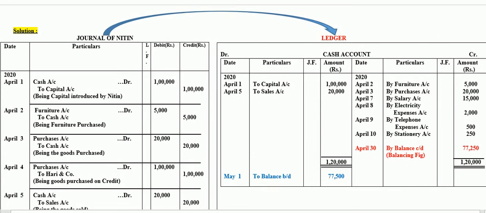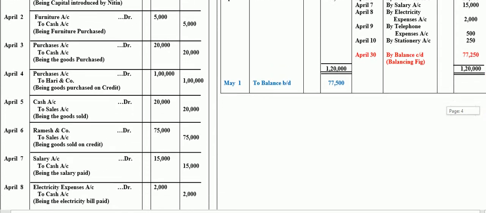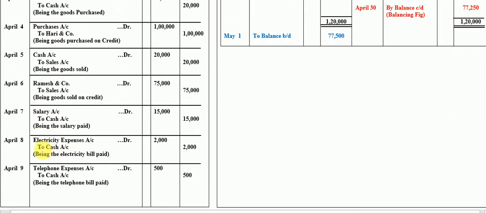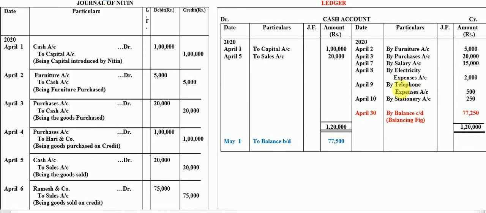By salary you can see over here, that is 15,000. Clear? Now comes April 8th, electricity expenses account debit to cash account 2,000. Here the cash is on the credit side, that's why electricity expenses will be recorded on the credit side, by electricity expenses, that is 2,000. You can see over here on April 8.